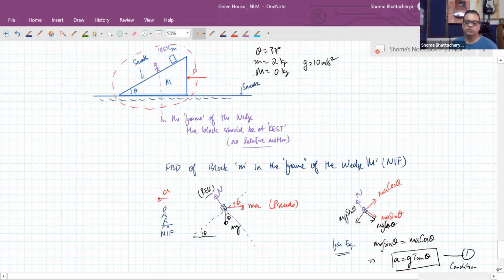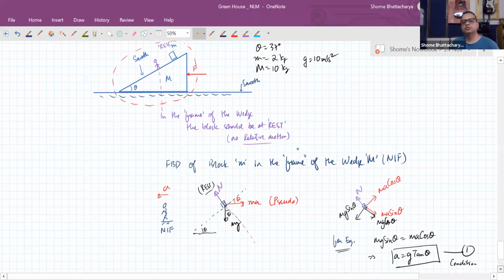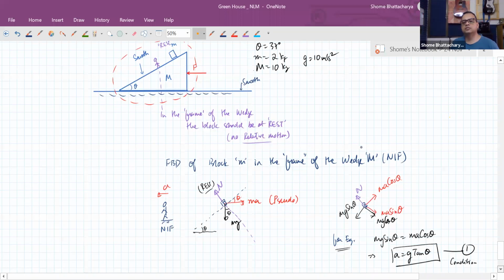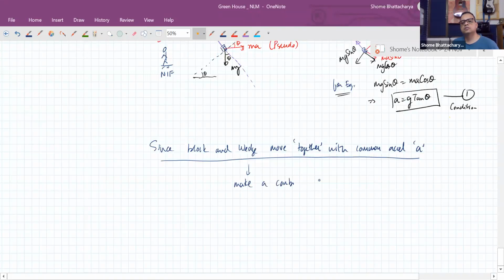Okay, so now once you got this acceleration, next part is to calculate the force. Since the block and wedge move together with common acceleration, we'll make a combined FBD of the block plus the wedge as one body.